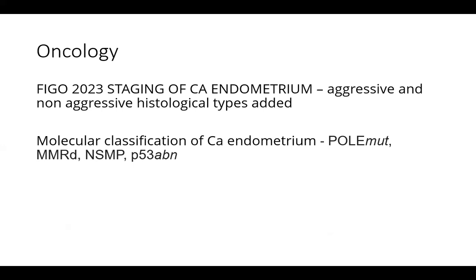Means the aggressive and non-aggressive histological types have been added in each staging. And there is an additional molecular classification of carcinoma endometrium, which is a separate classification. Among these four, POLE mutation and p53 abnormality are very important. So p53 abnormality has a poor prognosis and bad survival rates.